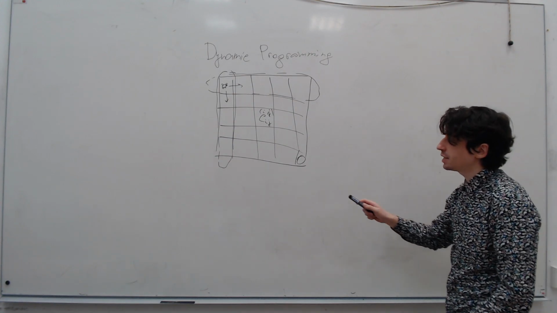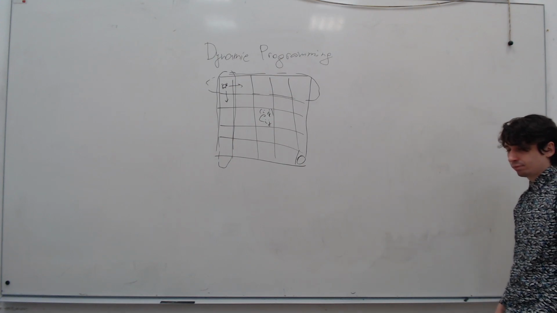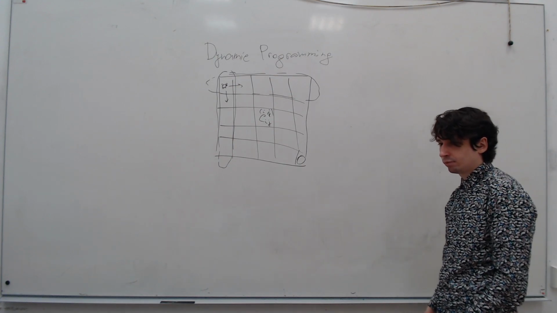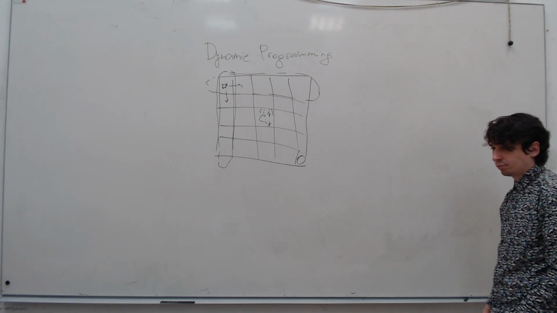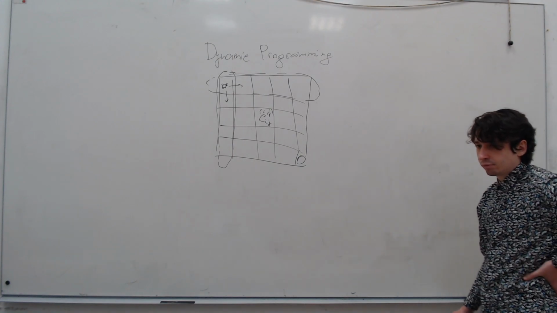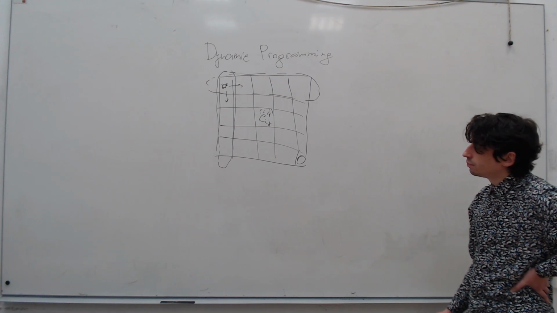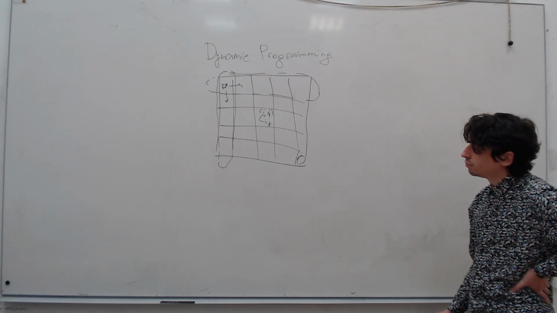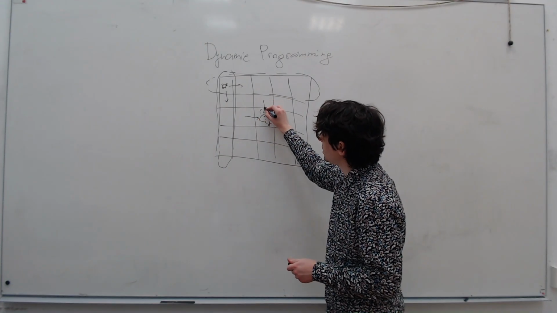From which states can we get to ij? There's two options: from I-1 j or from I j-1. Yeah, exactly. You can go from here or from here.